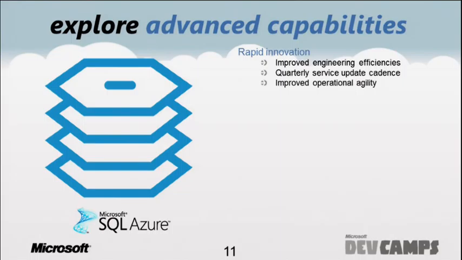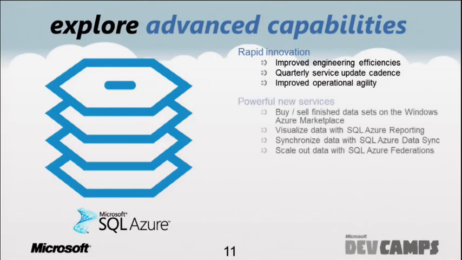We have a quarterly service update cadence. Some of that is bug fixing. Some of it's new functionality. So this whole drum roll, the new release of SQL Server 5 years from now, that's over. You get new stuff every quarter, pretty much. Sometimes you get a bunch of new stuff, and sometimes you get just a few new things, right? That's the world of the cloud.